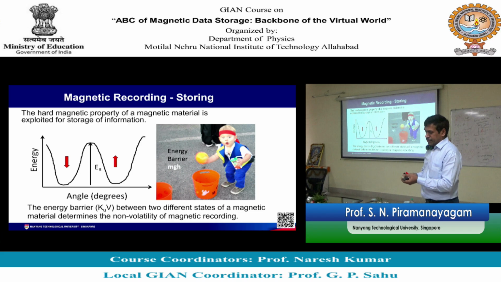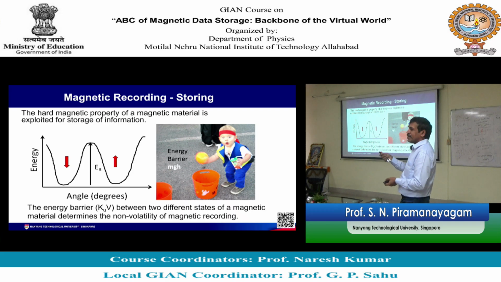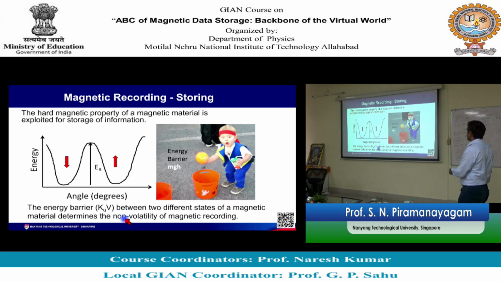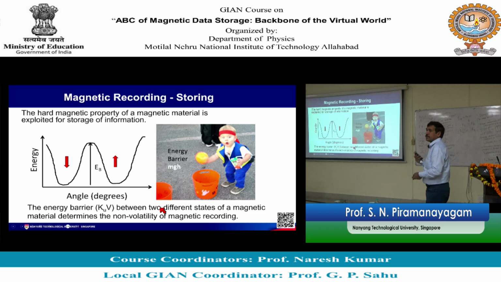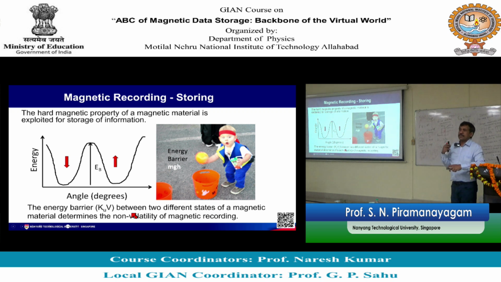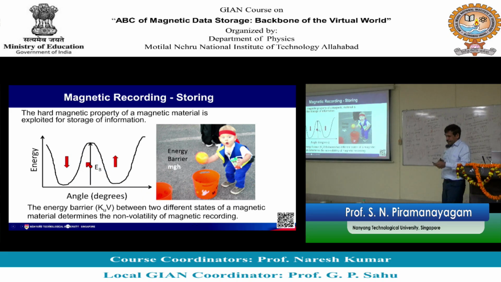On the other hand, you have the flash memory, or USB device, hard disk, all of these belong to this non-volatile storage or memory technique. That means even if you switch off the power, the information is still retained. So the information is stored in the magnetic recording because of this energy barrier that we have.